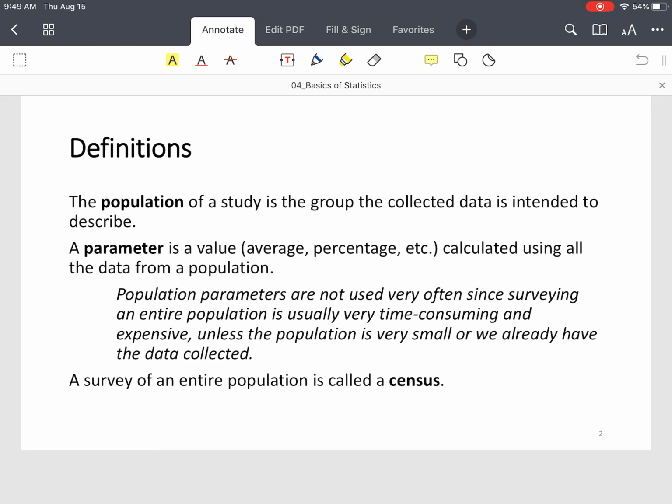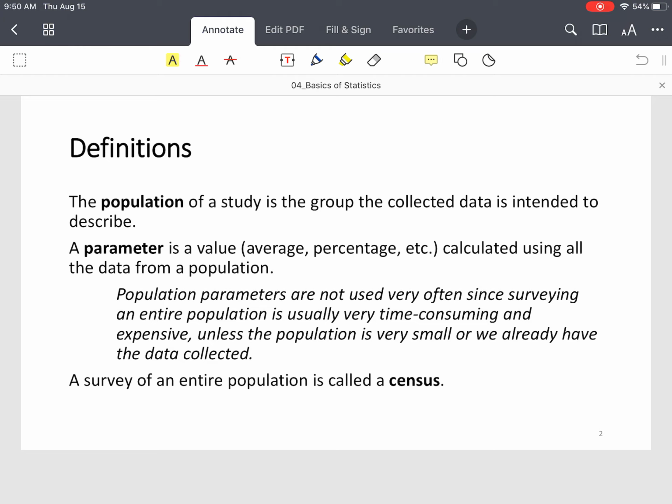All right, so then you have what's called a parameter. A parameter is a value that's calculated using all the data from a population. Now, if you think about that, let's think about the size or the population of the United States of America.